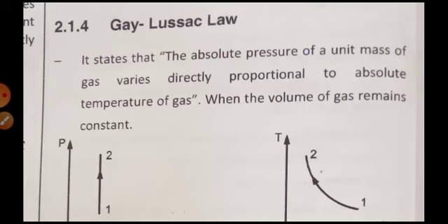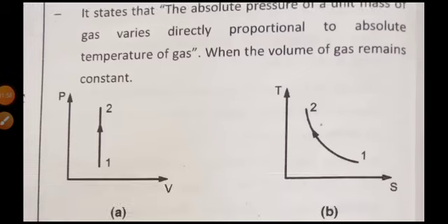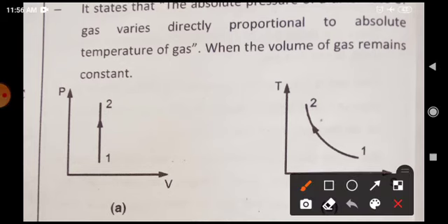As in Charles's law pressure was constant, and in Boyle's law temperature was constant, in this process volume remains constant. As you can see in the PV diagram given below, the process is parallel to the pressure axis, so you get only one value of volume for the two distinct equilibrium states, 1 and 2.